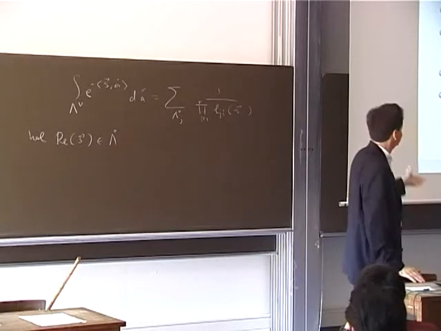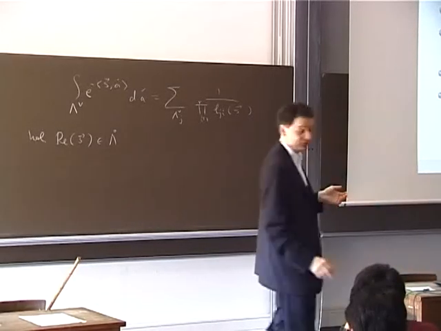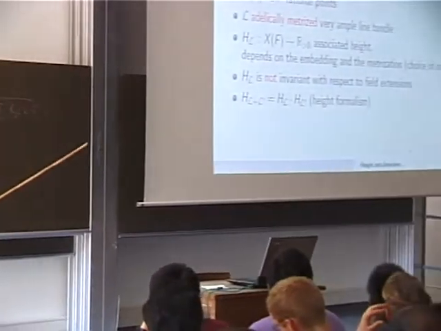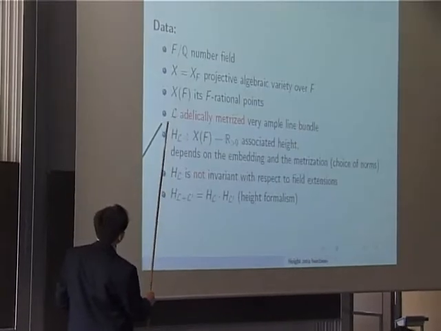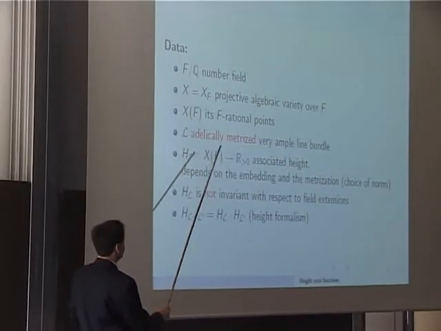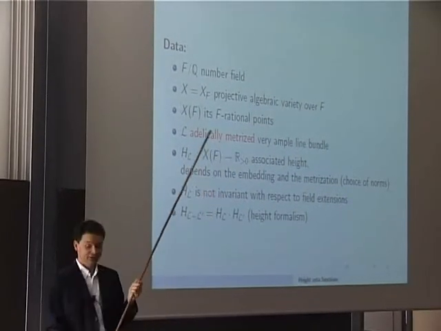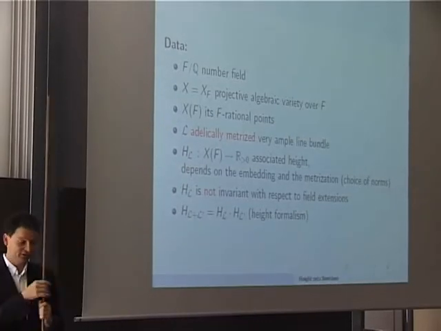In any event, now our number theoretical things: we have a number field, we have an algebraic variety over this field, we have the set of rational points, we have the adelically metrized very ample line bundle. So what is it? We have our projective embedding.